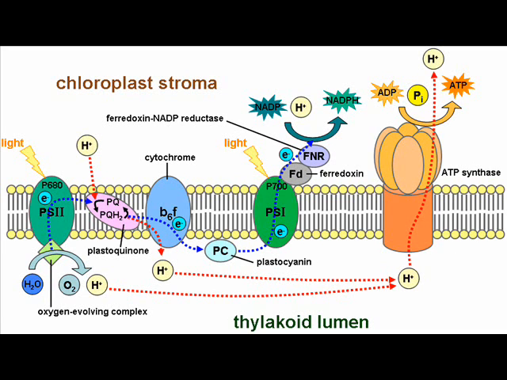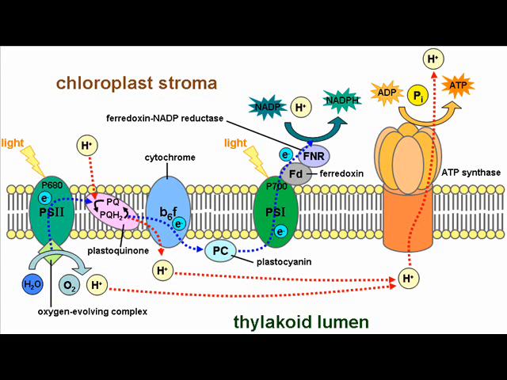But the question here is, what happened to the hydrogen ions? They go to the NADP reductase. What happens basically is that it gathers all the hydrogen ions and combines them with the NADP to form NADPH.